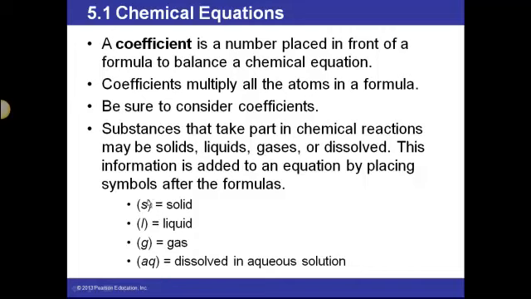So if the compound is a solid, after you list the compound, like sodium chloride for example, you would put parentheses with a small s in there, and that would indicate that it's in the solid state. So you've got solid, liquid, gas, and then aqueous, which means that the compound is dissolved in water.